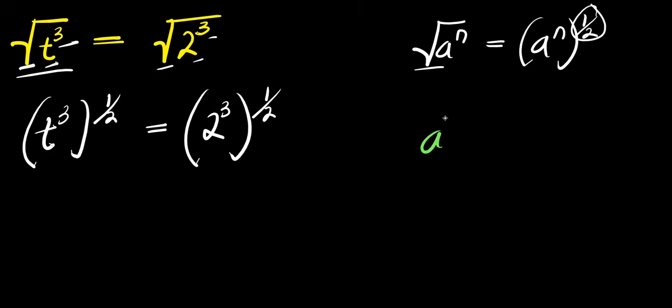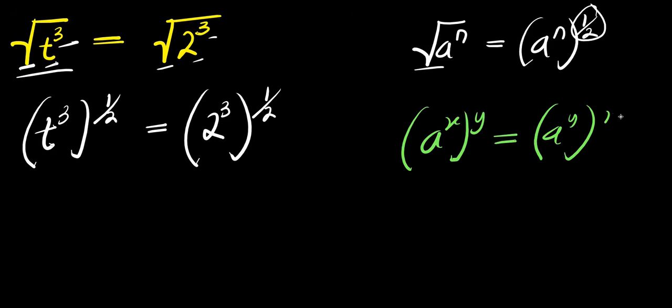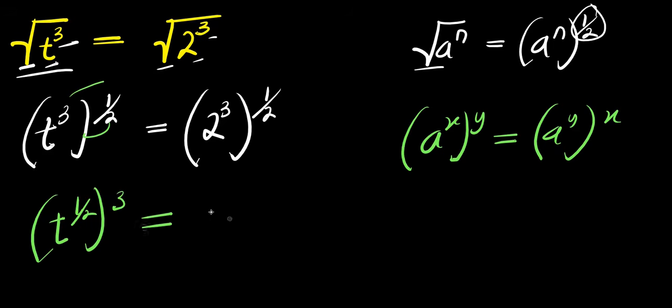Now, if you have a power x to the power of y, this equals a power y to the power of x. So you can switch this exponent. We have t power 1 over 2 to the power of 3 equals 2 power 1 over 2 to the power of 3.